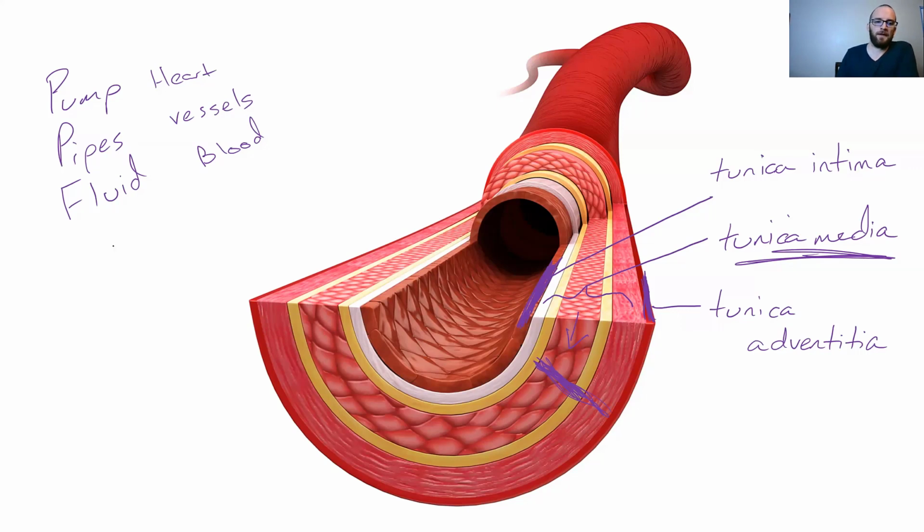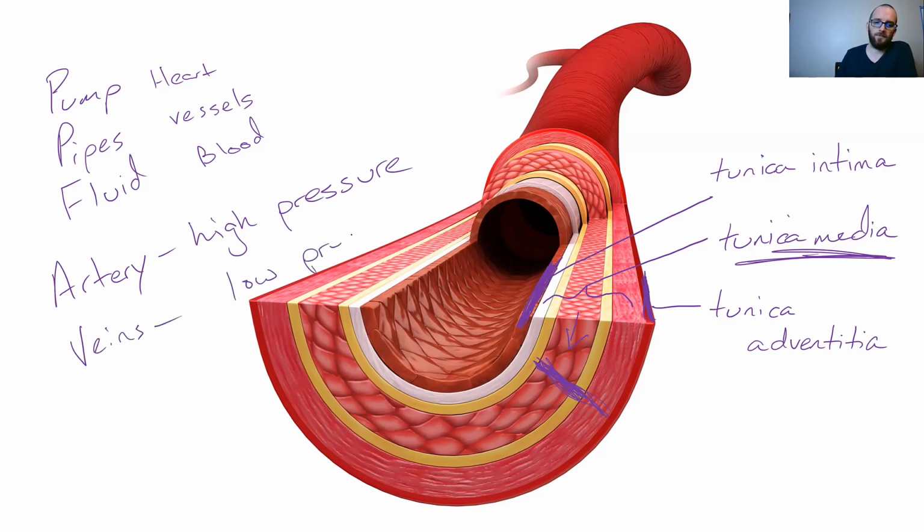And then again, remember on the artery side, arteries are high pressure, and veins are low pressure. And arteries are away from the heart, and veins are back towards the heart.